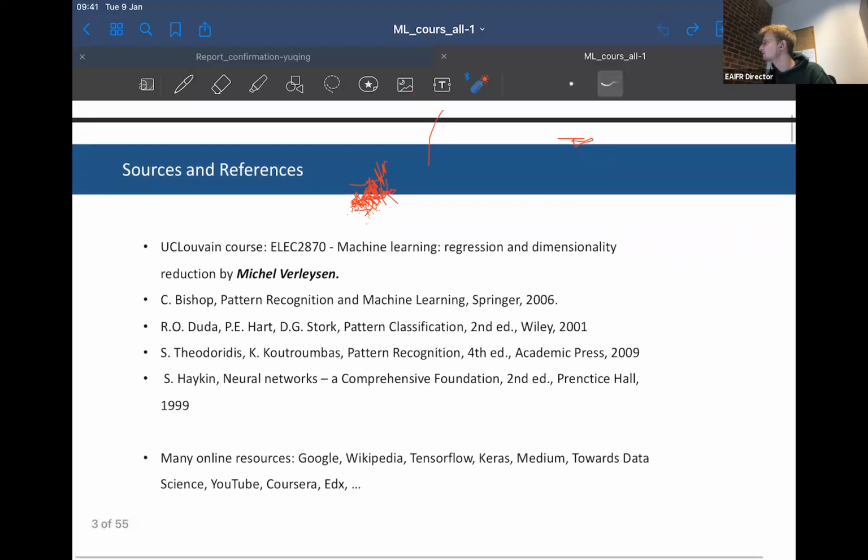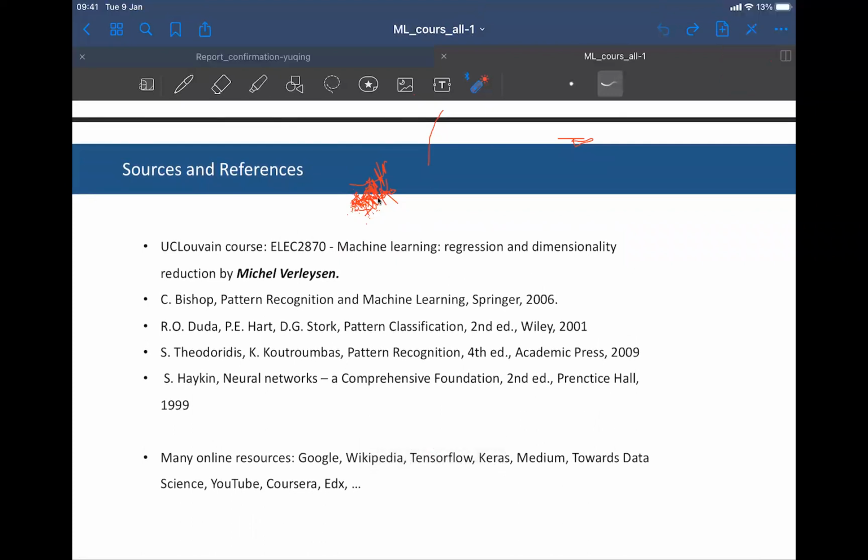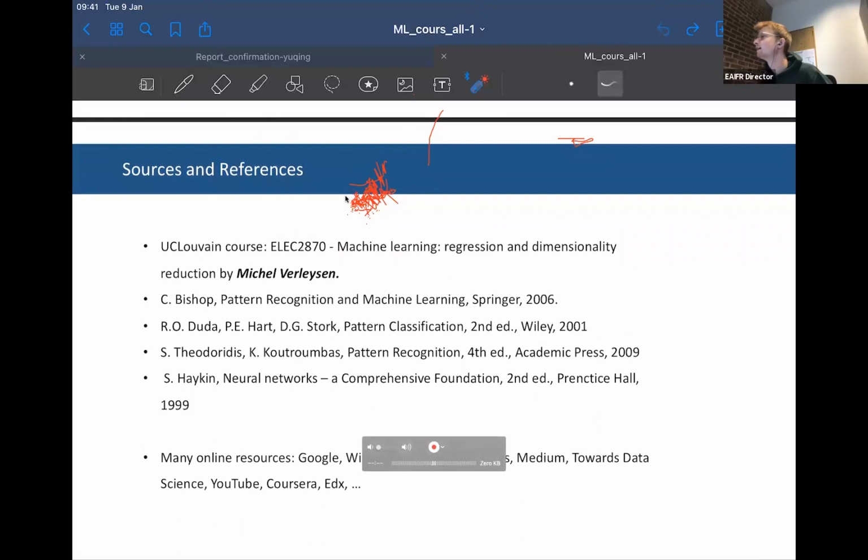Maybe one thing I see now, do you also see this red paint from someone on the shared screen or not? Yes, we see it. Okay, is this normal? I am totally new to giving lectures on Zoom, and so I'm not used to how this works.